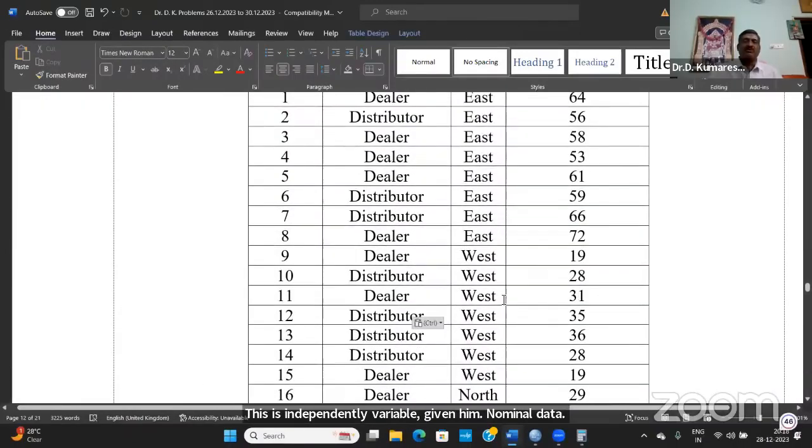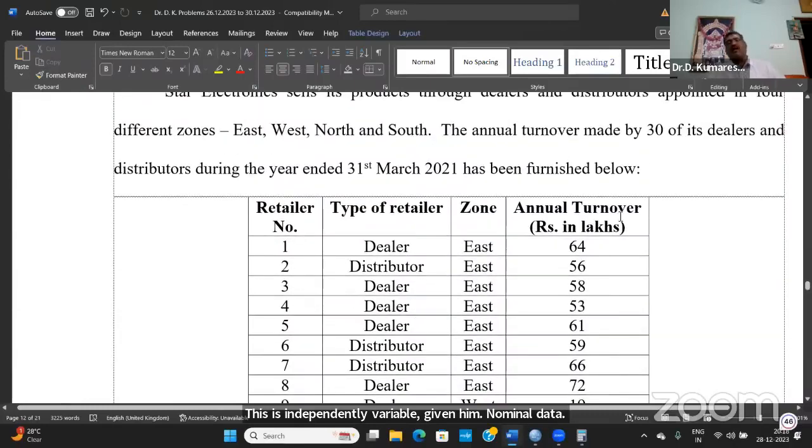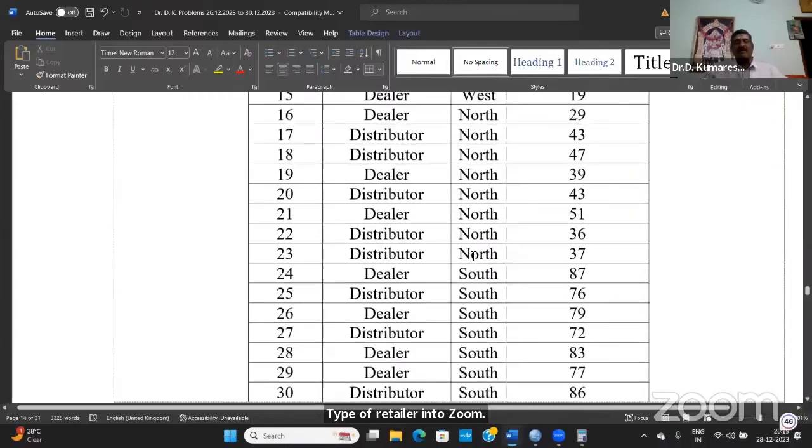When we come to two-way ANOVA, there are three variables. Annual turnover is the dependent variable, given in scale data. These are independent variables, type of retailer and zone, given in nominal data.